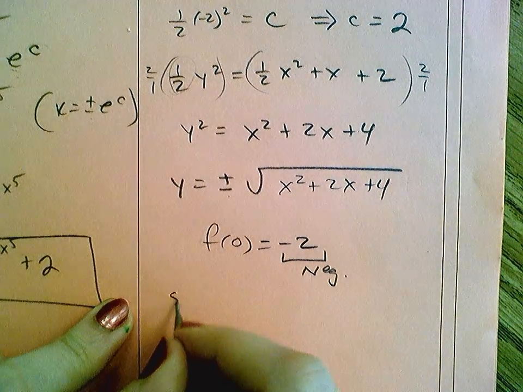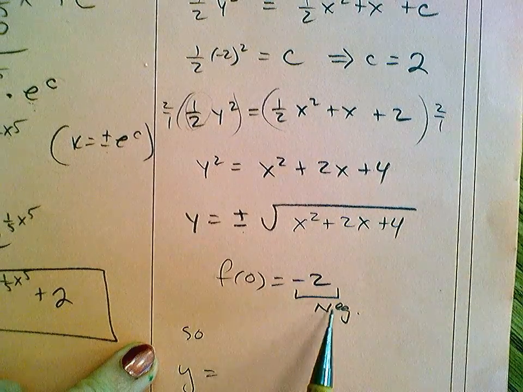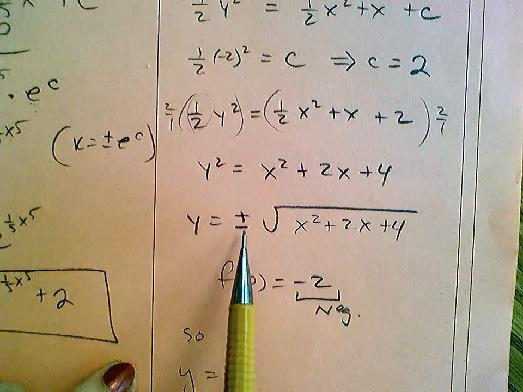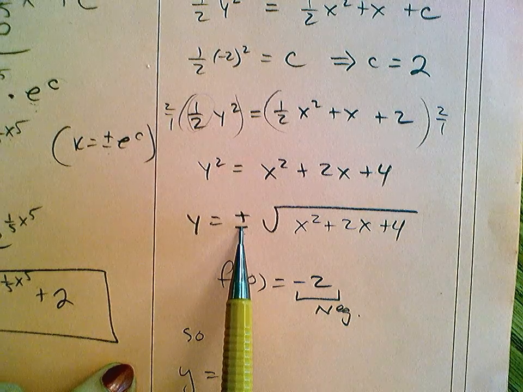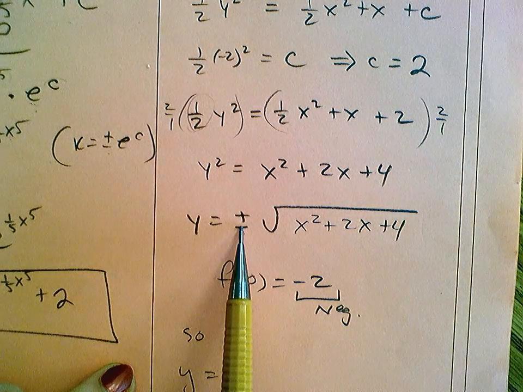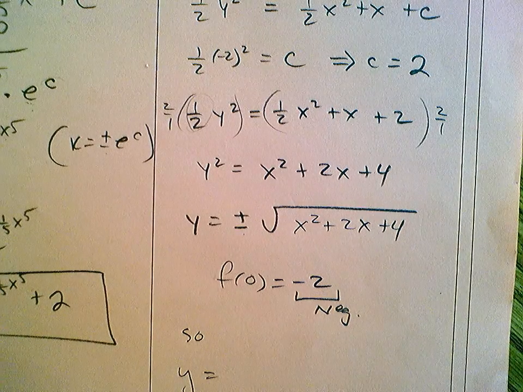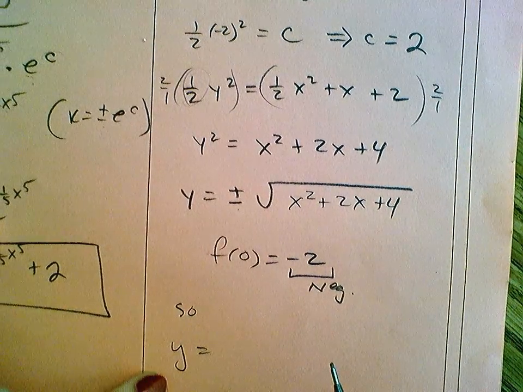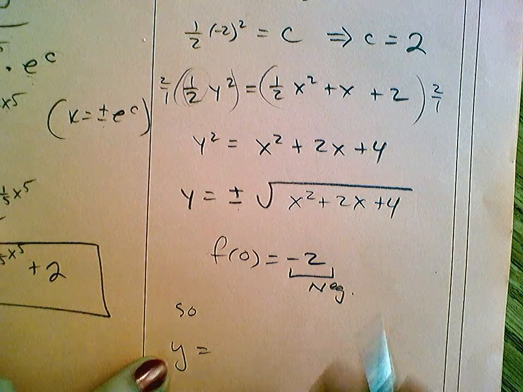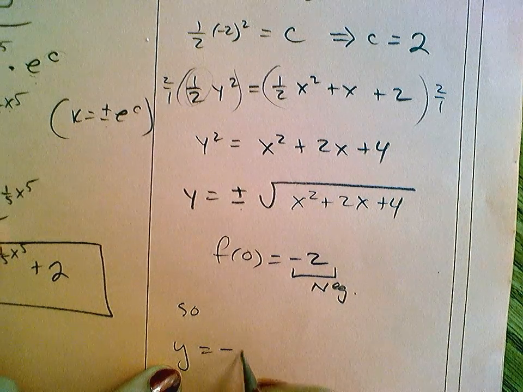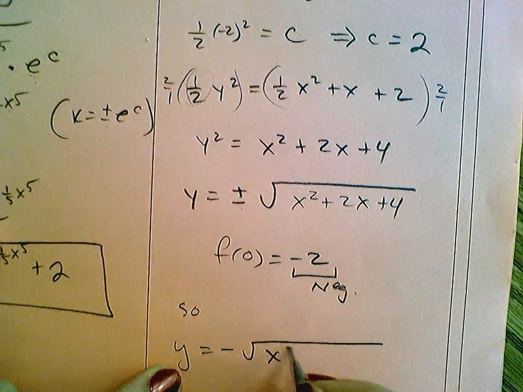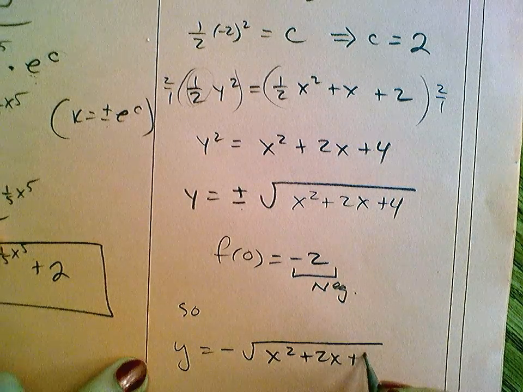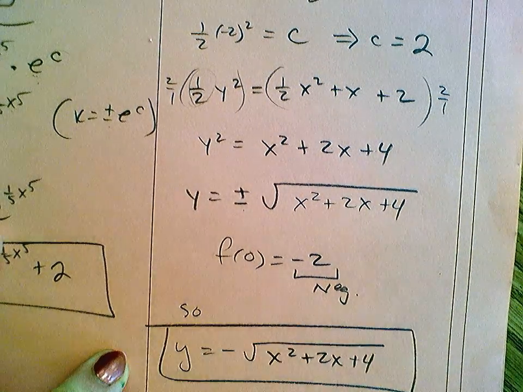So y has to be, in order for f of 0 to be negative 2, the negative version. Otherwise, f of 0 would give us positive 2, and we want it to give us negative 2, so the negative version. So y equals negative radical x squared plus 2x plus 4.